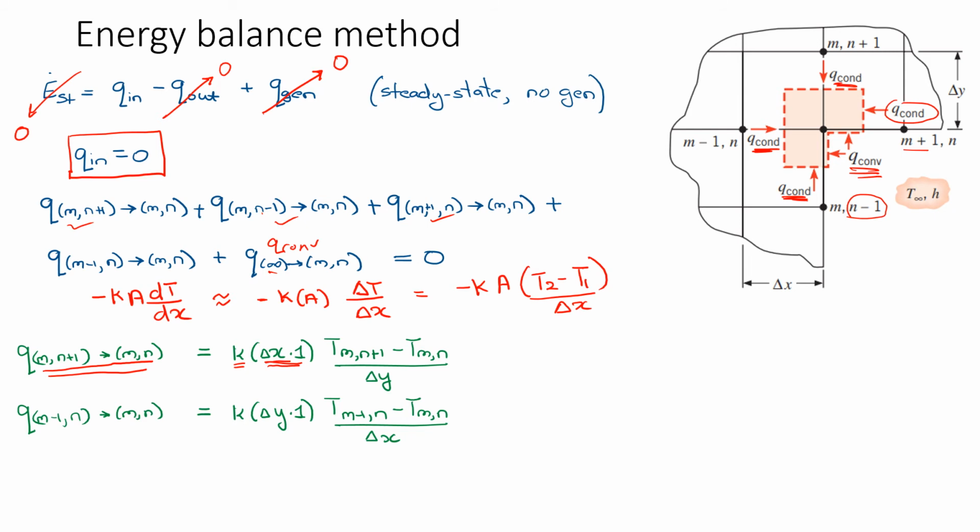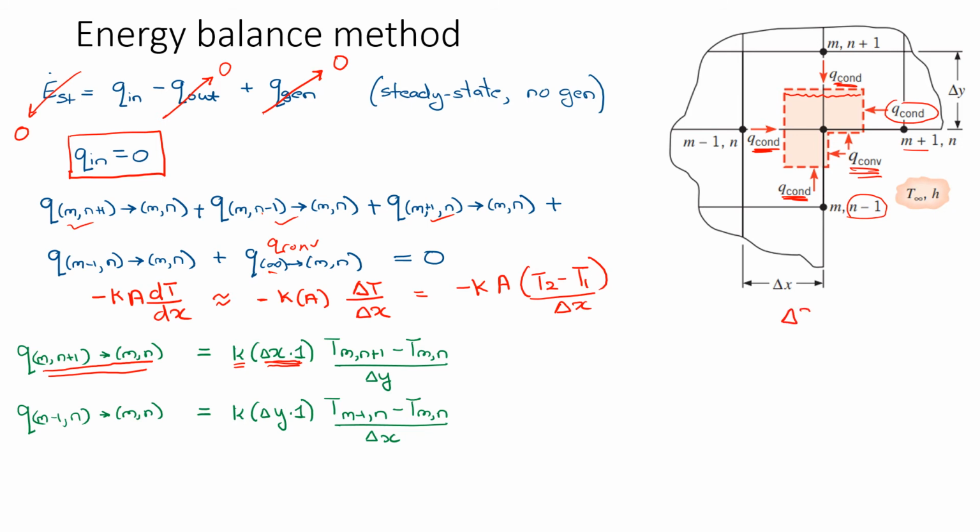Now it's very important to consider the appropriate area. In this particular case, the area of interest is this particular area right here, which has a length of delta X, and let's assume that the element size is unity into the page or outside the page, in the Z direction.